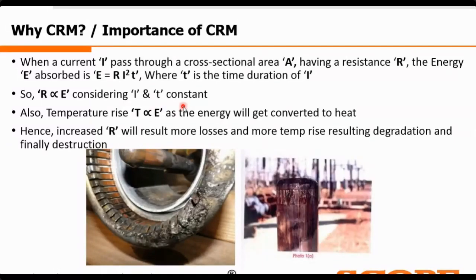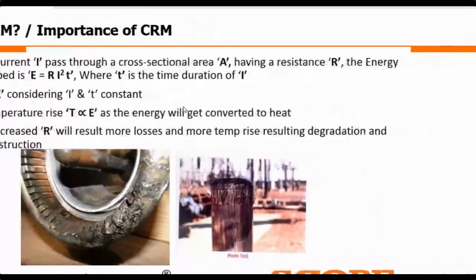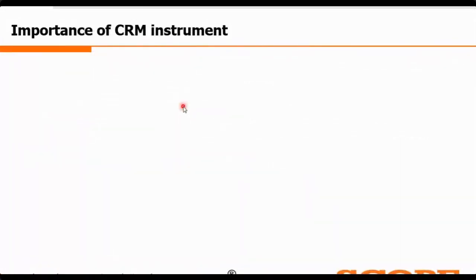So this is the importance of the contact resistance measurement. That's why you need to frequently do the contact resistance measurement, just to know the value of your main contact resistance. What is the importance of our instrument?